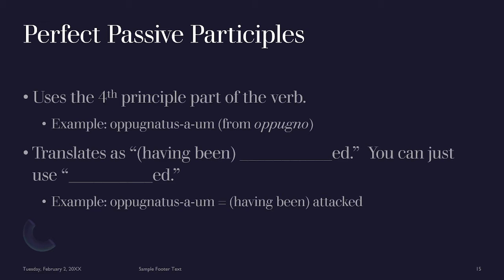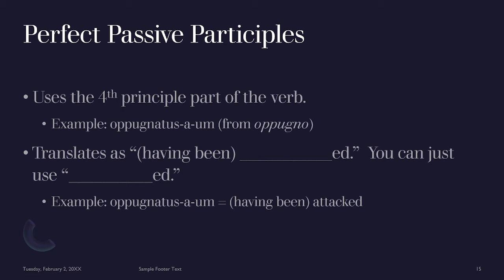And since Latin literature has this really pesky habit of leaving out forms of sum, which of course would make opugnatus either a perfect passive verb or a perfect passive infinitive, sometimes it can be a little tricky to know whether or not you're doing just a participle or if you're supposed to assume that there's a sum or some version of sum there. Here's an easy trick to know.